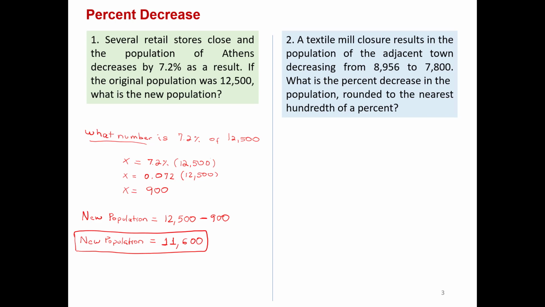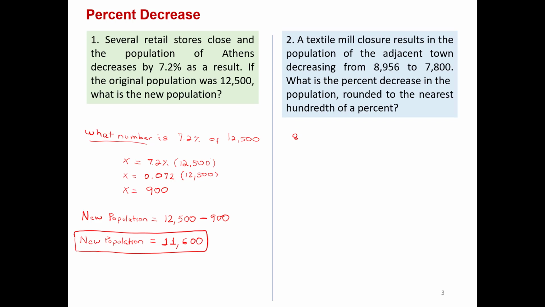In this case, remember, if we need to calculate the percentage and something decreases, first we need to find that number, how much. The population decreases by some number. To do that, we need to subtract.